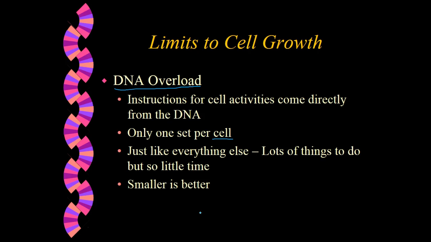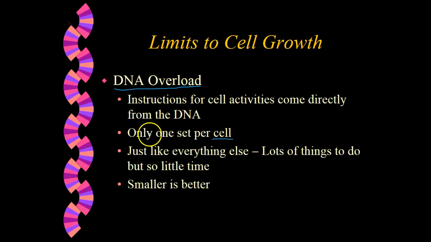And so the difference between a skin cell and a liver cell is which genes are turned on and which genes are turned off. A liver cell contains a huge amount of DNA, but it turns on the liver genes, and so it basically lives as a liver cell. Skin cells contain liver genes, and they also contain skin cell genes, but they turn the skin cell genes on and the liver genes off.